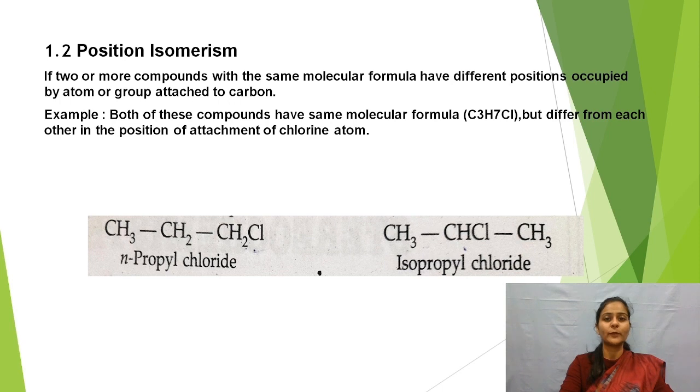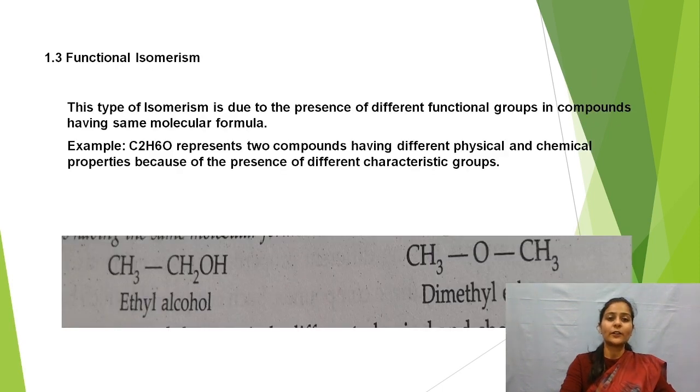Now let us move to the third one. Third is functional isomerism. Functional isomerism describes those isomers which have the same molecular formula, but there is a difference in the functional group attached to the compounds, and this gives a difference in the physical and chemical properties of the compounds.